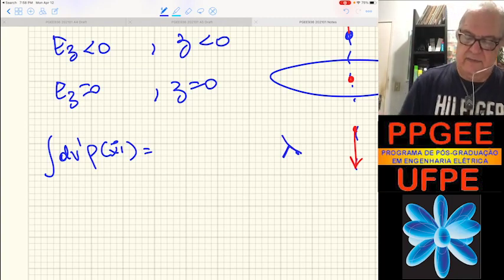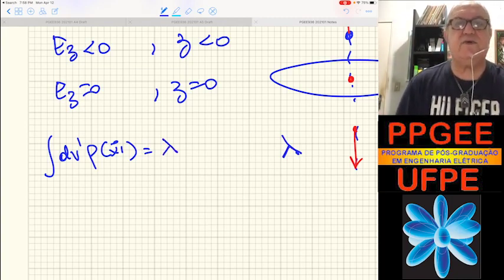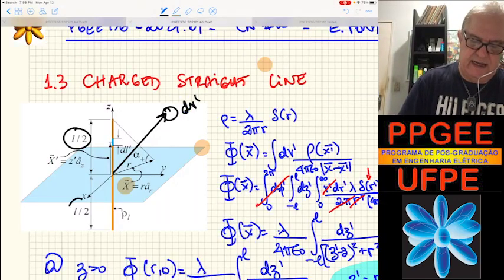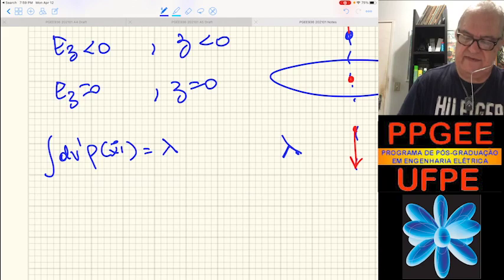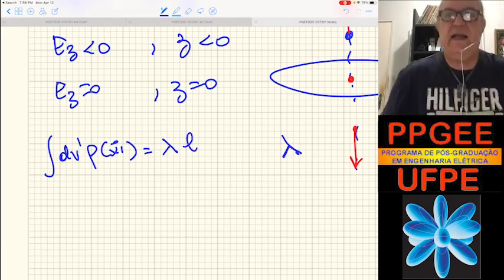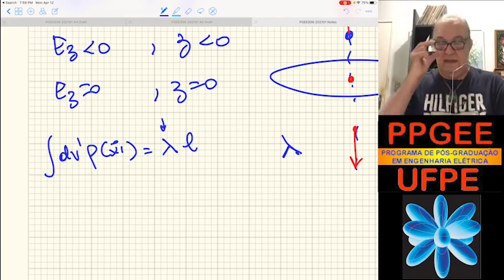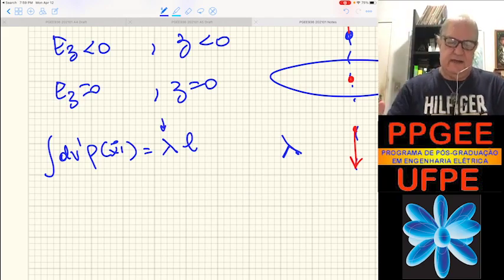So it's going to be lambda times the total length. If you see the length here is L, the sum of those two halves, lambda L. Lambda is the line density of charge, which is Coulomb per meter, right?